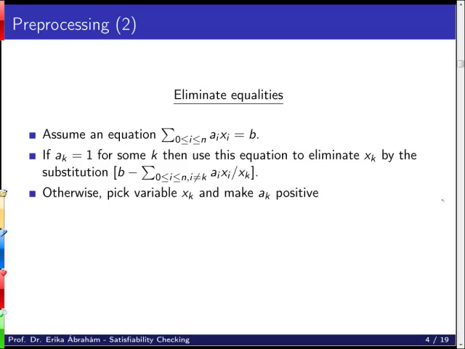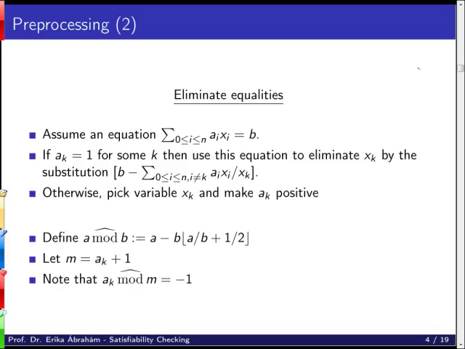So for example, if I have this example 4x plus 3y equals 7, I can pick any of the variables, x or y, and its coefficient is already positive. And now we need something which is in the first moment not so intuitive, but you will see later that it is very efficient. We define a modulo operator.